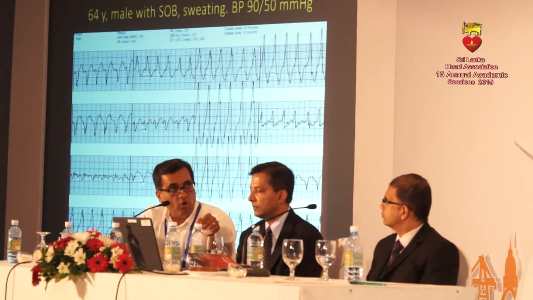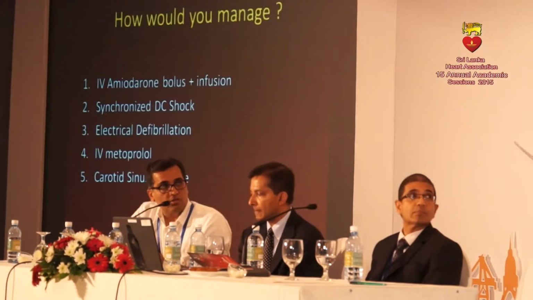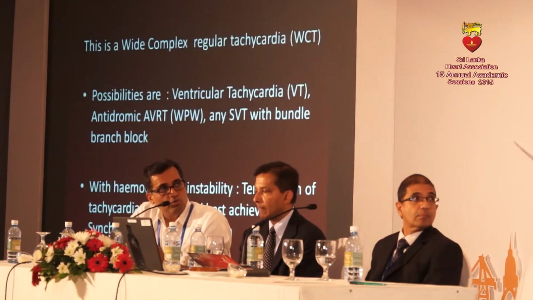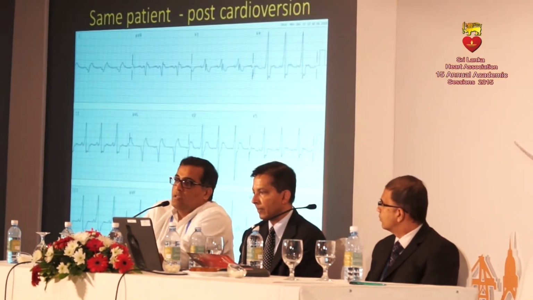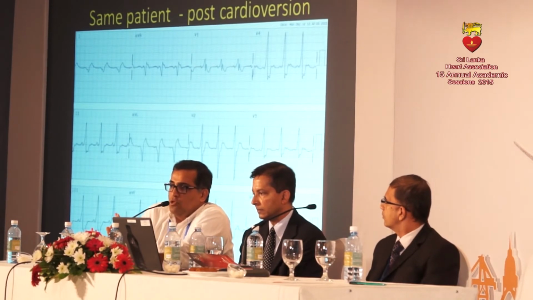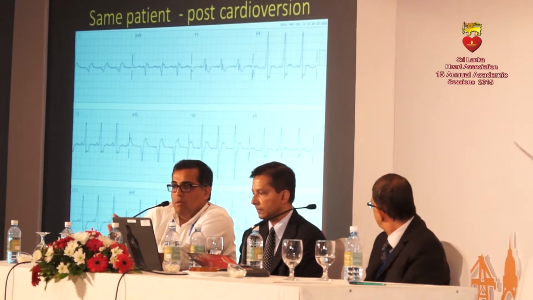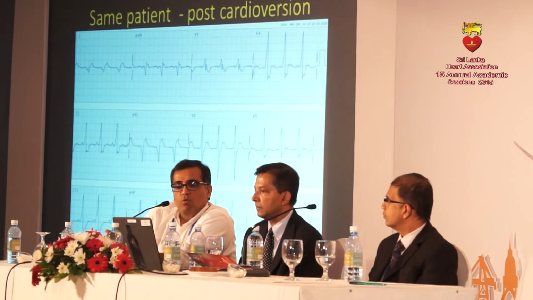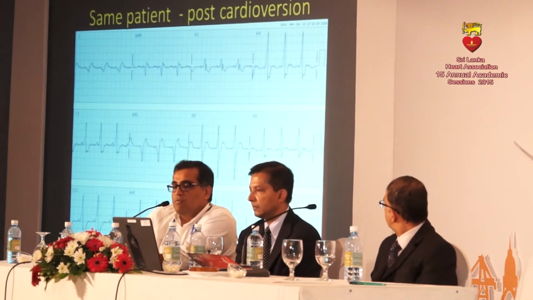Fast forwarding to the sinus rhythm, you would expect to see evidence of an accessory pathway that is activating the posterolateral aspect of the LV base. So let's look at the delta waves here.